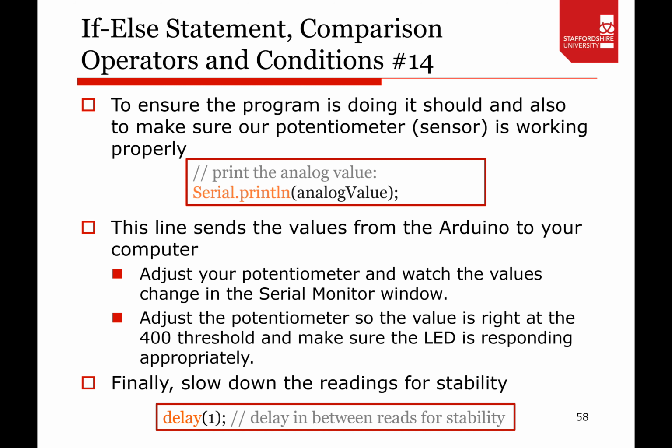To ensure the program is doing as it should, you should also make sure the potentiometer is working properly. So you should really add a line for Serial.println analogValue. Now that was already in our program. This line sends the values from the Arduino to your computer. This gives you the power to debug your program, because it may look like it is doing what it's supposed to, but it might not be.